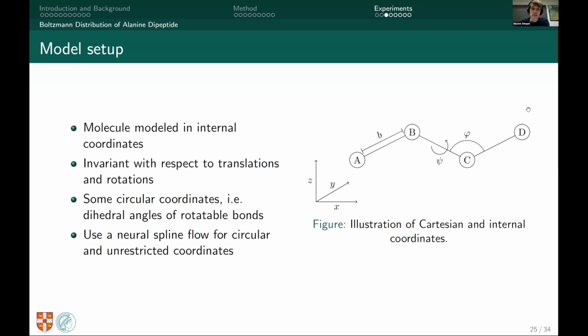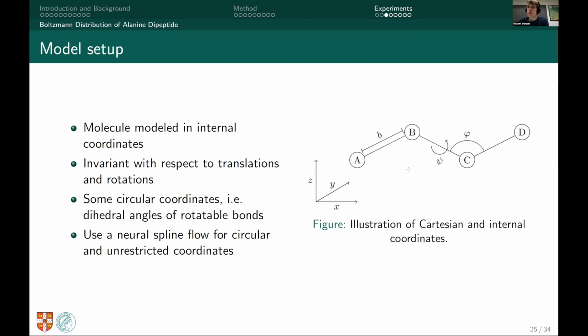And as I mentioned in the beginning, we use this neural spline flow because it has the advantage that it can treat periodic coordinates and unrestricted coordinates at the same time. So both our angles. Then, when accounting for this periodicity, let's say we have a carbon with 3 hydrogens attached to it, then you don't just have the 360-degree rotational periodicity, but also a 120-degree periodicity.